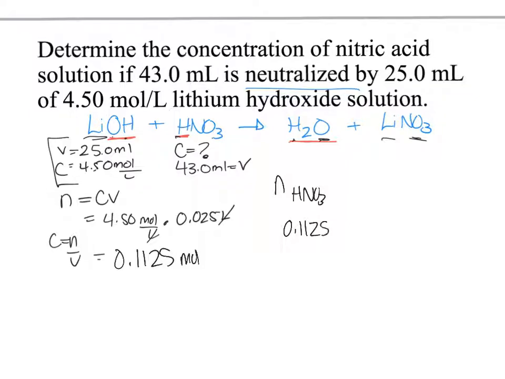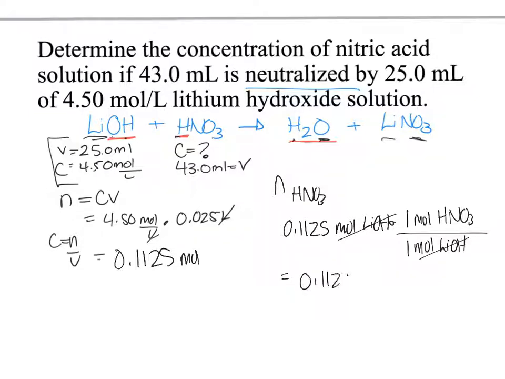So I'm going to take the moles of lithium hydroxide and we're going to times it by the mole ratio, which is going to be an easy one because it is 1 to 1. Now I'm just going to end up with moles of HNO3.